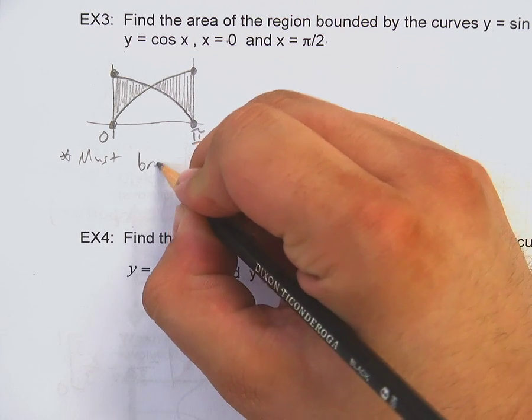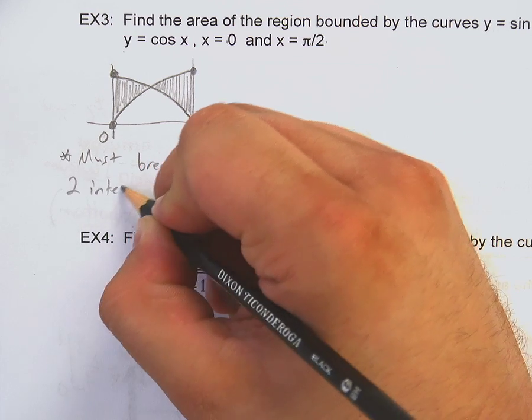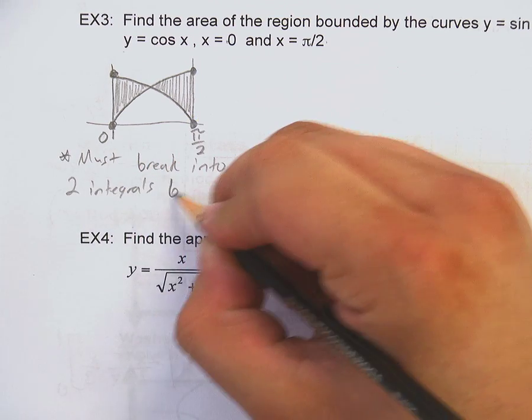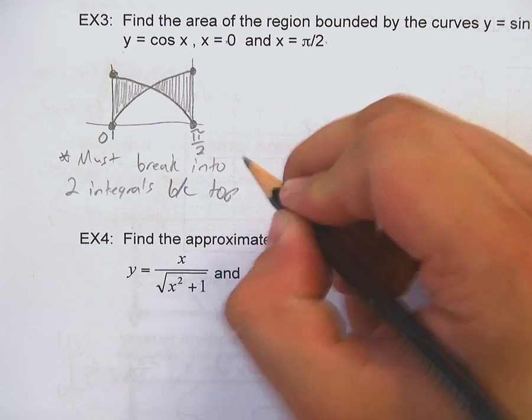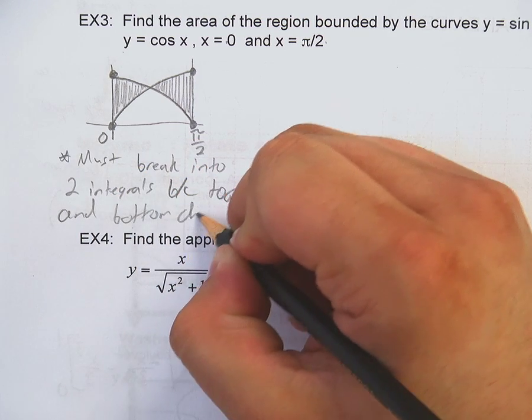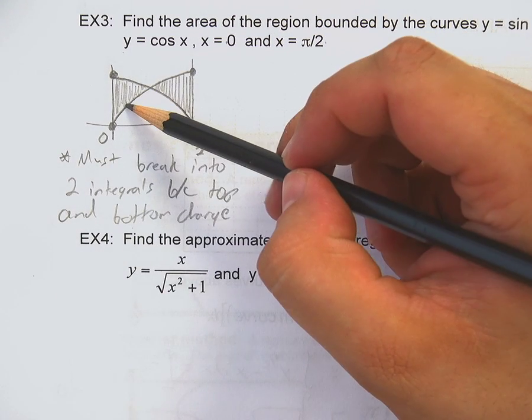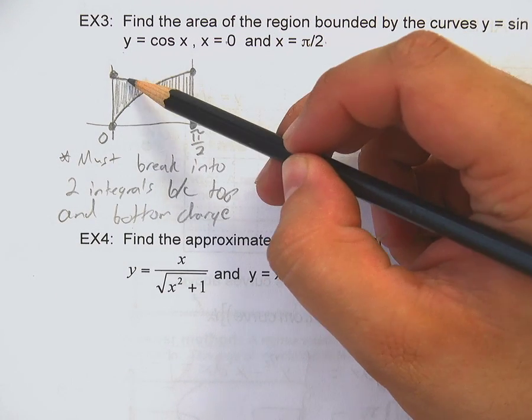Must break into two integrals because top and bottom change. Because we have to do the top minus the bottom, but here sine is on bottom, here cosine is on bottom.